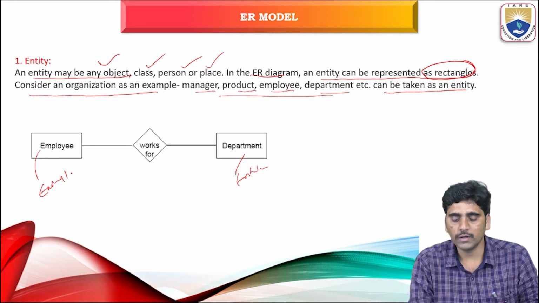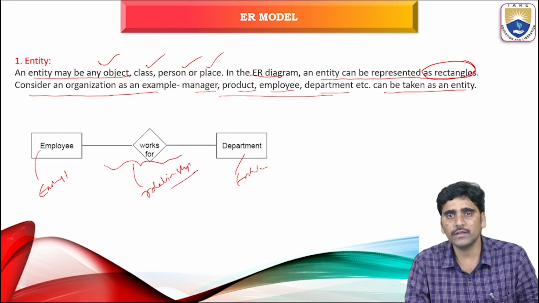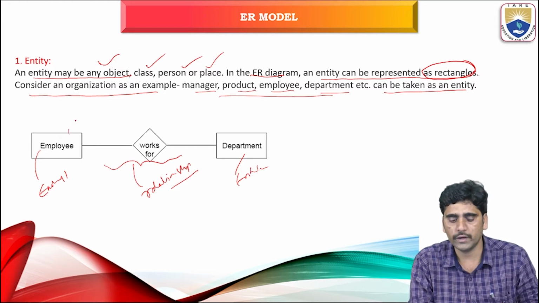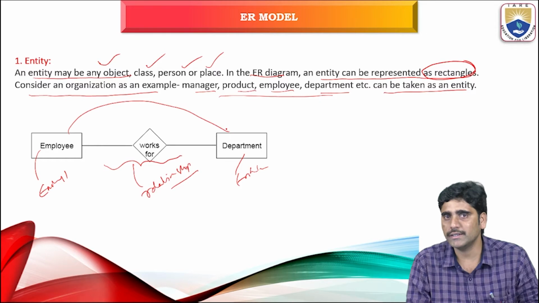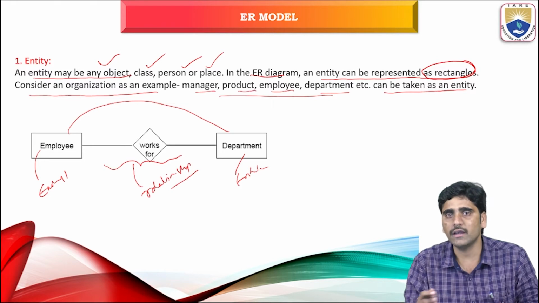Among these two entities, whatever representation is presented here is nothing but a relationship. We already noted that a relationship is nothing but a logical association between two entities, or two attributes, or entity to attribute. We can say it in any way.